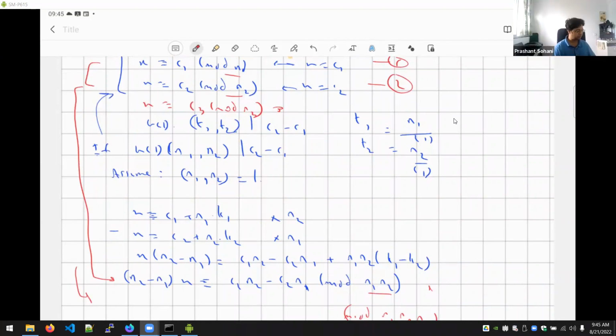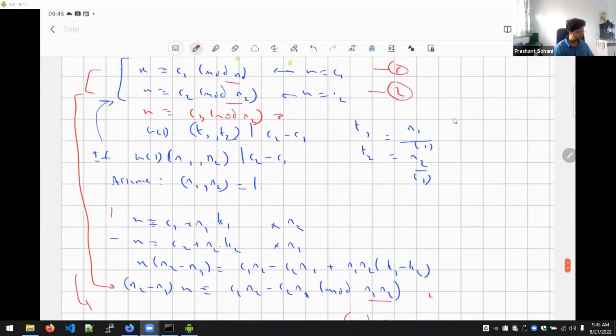Okay, but does everybody understand what we have done here? So we started with these two equations. We multiplied with n1 and n2, so that we get everything modulo n1 and n2 here. Interesting.